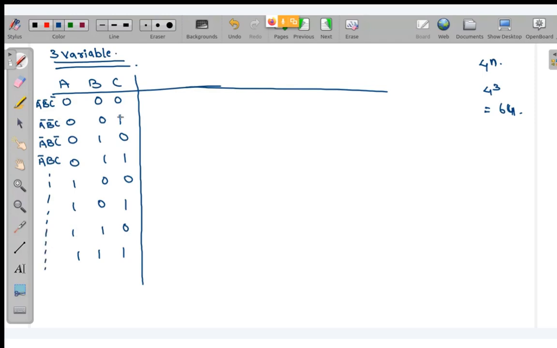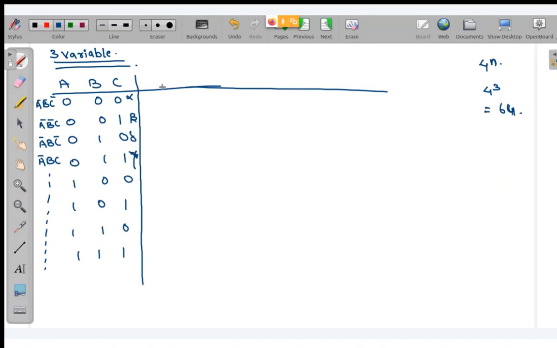Now corresponding to these 8 different minterms you will have alpha, beta, gamma, delta, sorry, I had written the wrong way. So this is delta, over here gamma. So like this you will have 8 coefficients.